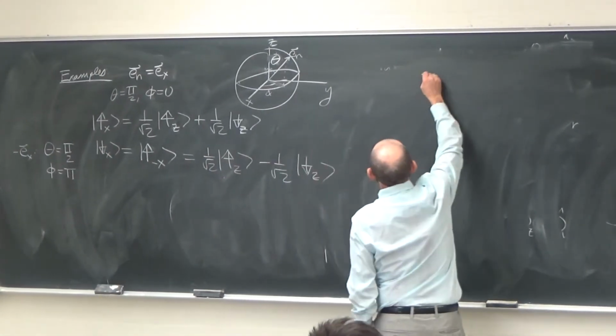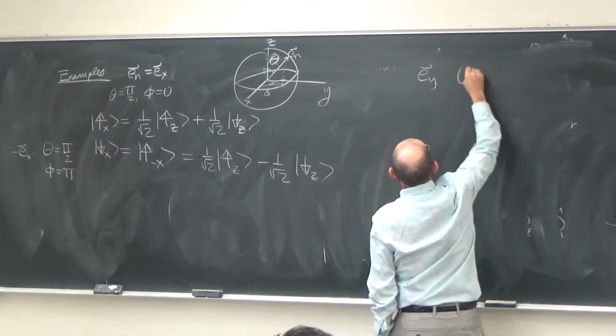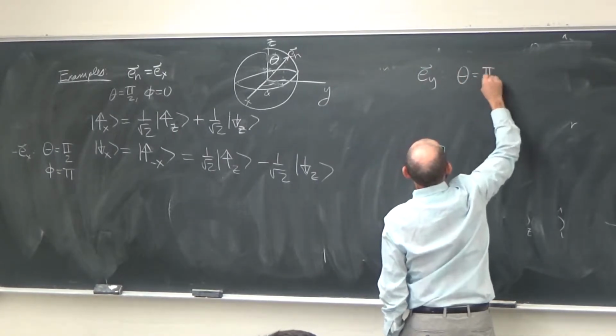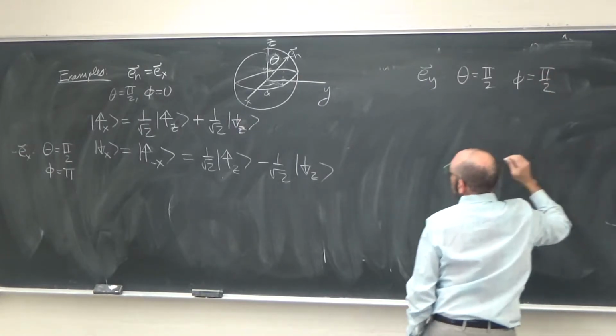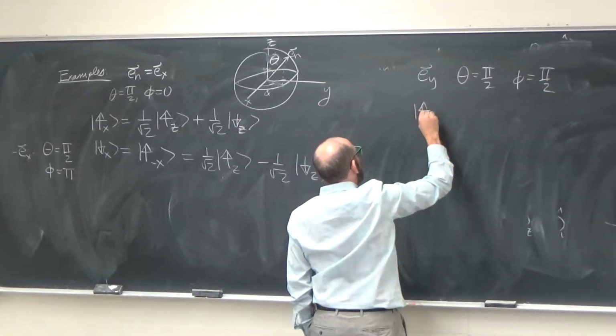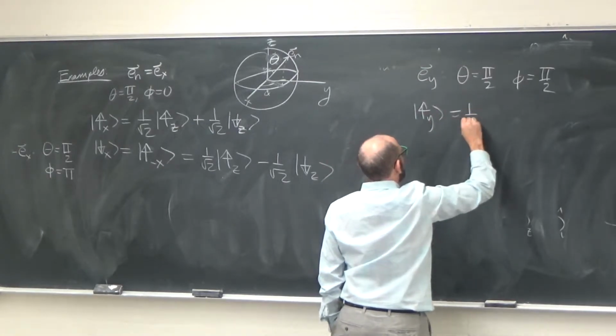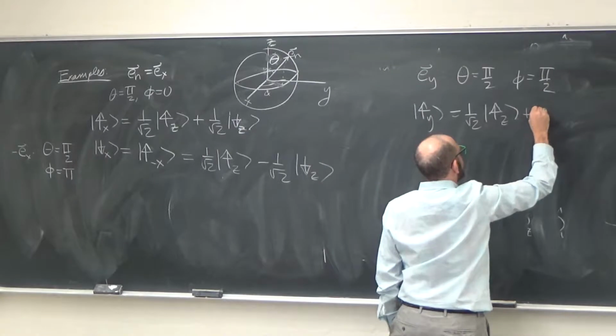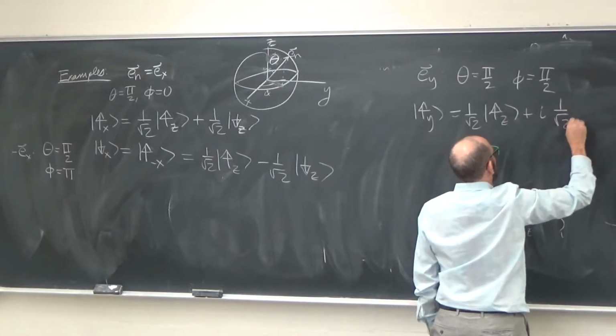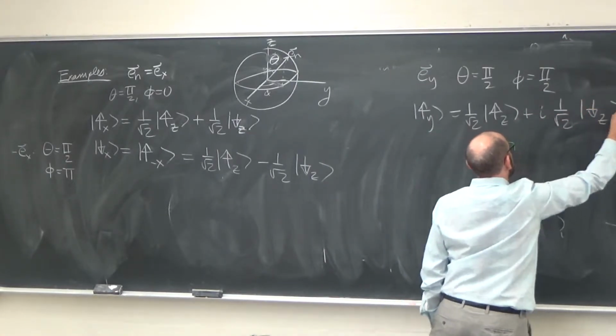The y-axis. In this case, theta is pi over 2, and phi is pi over 2. In which case, spin up along y is 1 over root 2, spin up along z, plus i, 1 over root 2, spin down along z.